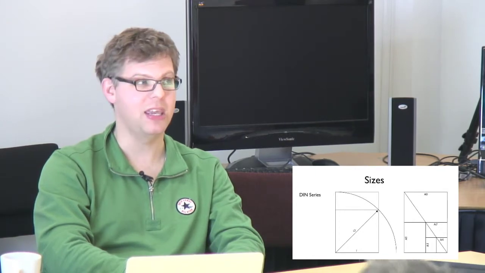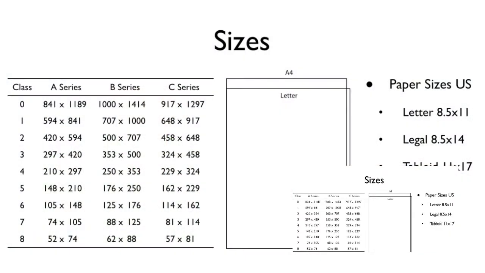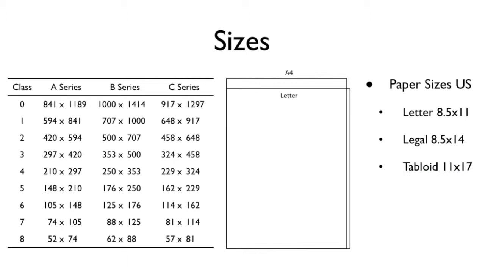A fits into B, B fits into C. How utterly useful. So if you want to mail an A6 postcard, what kind of envelope would you get? B6. Exactly.